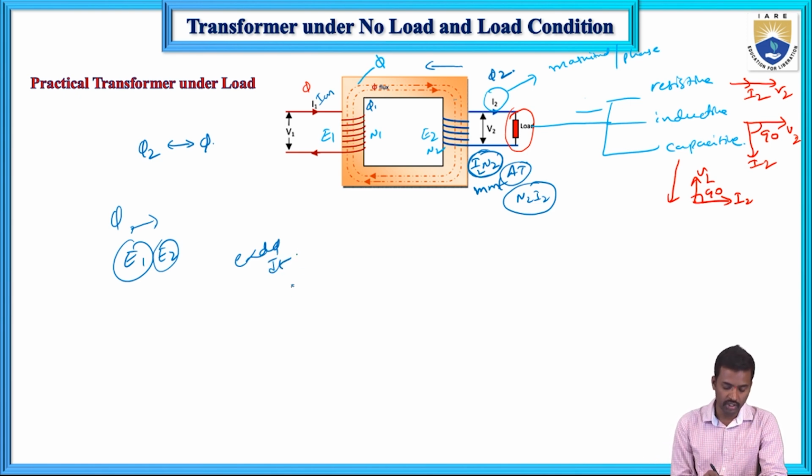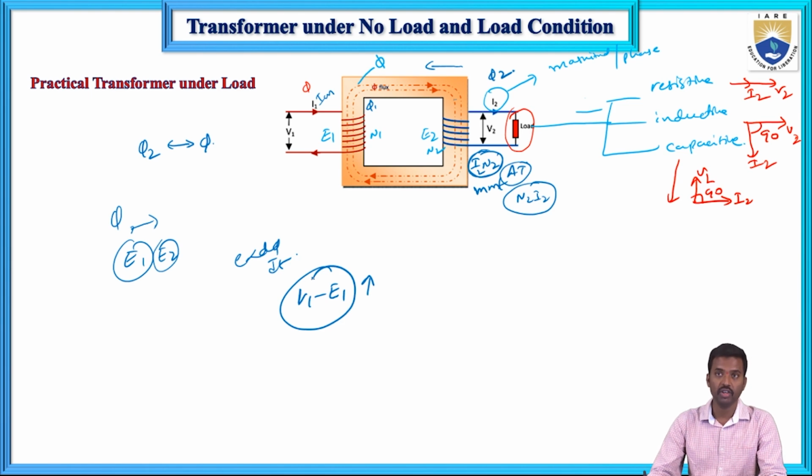Now E1 reduces, which means V1 minus E1 increases. V1 minus E1 increases, which means there may be extra current. It draws extra current from the supply.